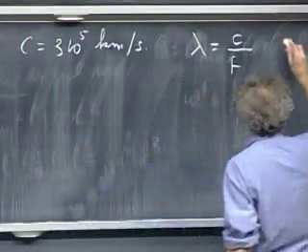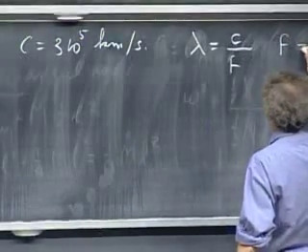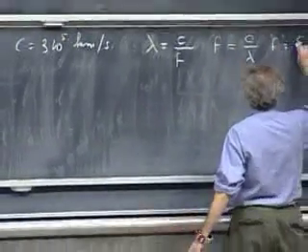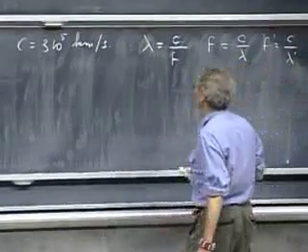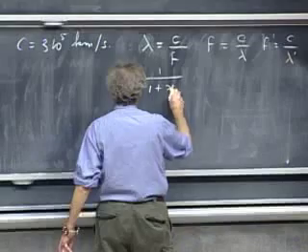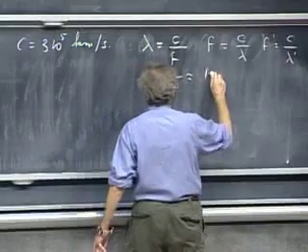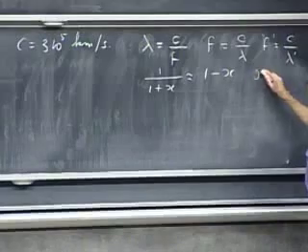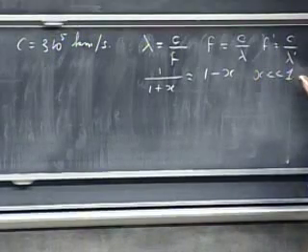So we can substitute in that equation f equals c divided by lambda, and f prime equals c divided by lambda prime. When we do that, and we also make use of this approximation, that 1 divided by 1 plus x is approximately 1 minus x, as long as x is much, much smaller than 1.